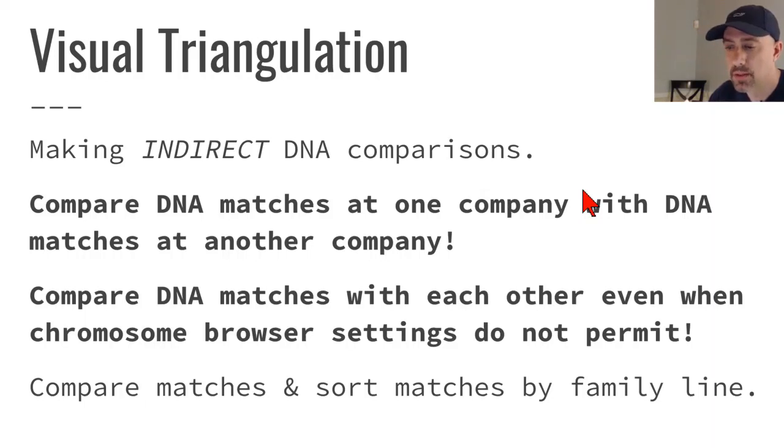So visual triangulation is a way to overcome that. Visual triangulation has a lot of power to help us with things that can be very challenging otherwise, and ultimately gives us the power to make comparisons and allows us to sort matches in ways that would not be possible without this method.